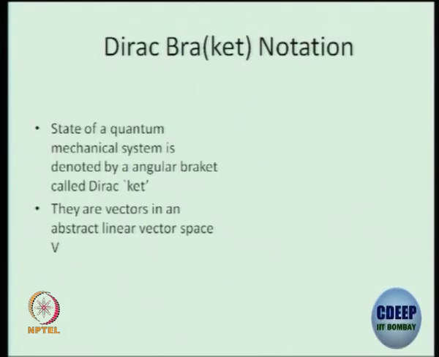Even though I am trying to map it to a known 3-dimensional vector space, you can do it in general for an abstract vector space, as long as you follow the axioms. Is that clear? I did this specifically with R3 in mind so that you understand, but you can do it for any n-dimensional vector space where n could be very, very large also.